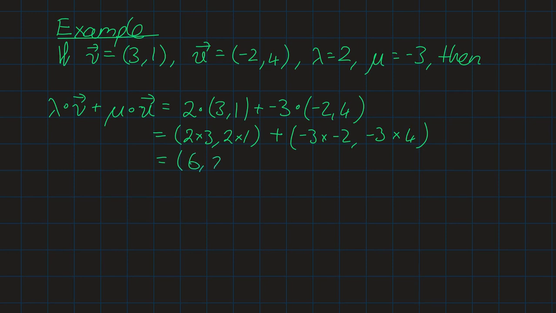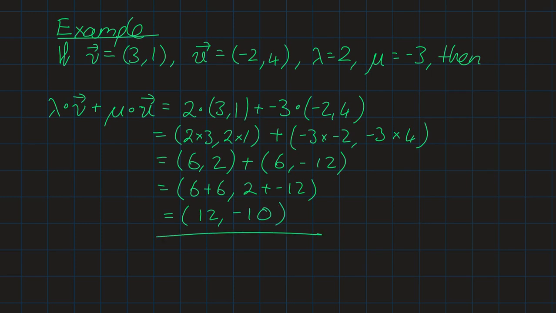This is (6, 2) plus (6, minus 12), which is equal to (6 plus 6, 2 plus minus 12), which is equal to (12, minus 10). And that's the answer. Okay, simple as that.